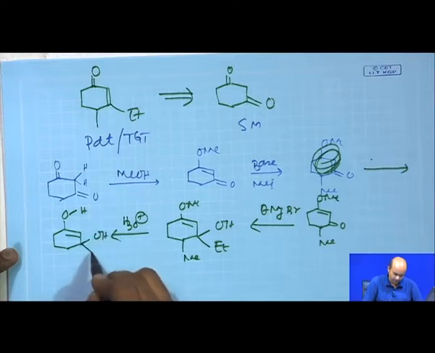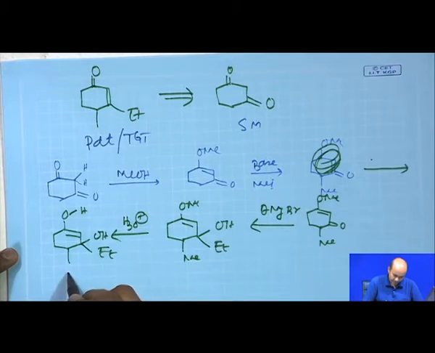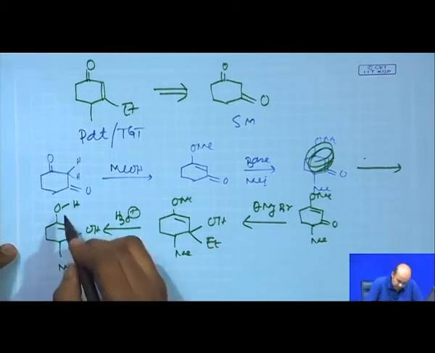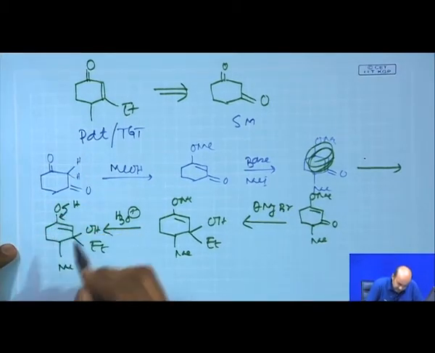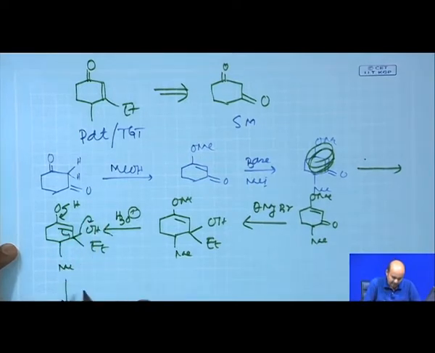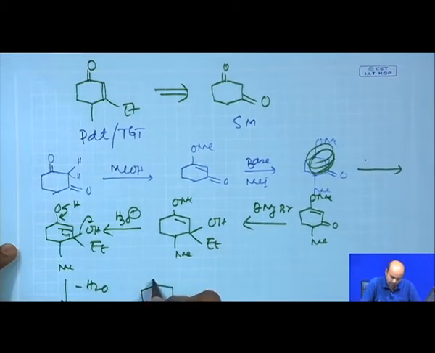Now, this OH won't sit idle. What will it try to do? It will try to undergo some kind of elimination type of reaction, and eventually water elimination will lead you to the target molecule.